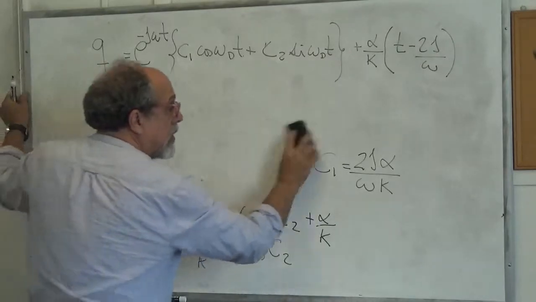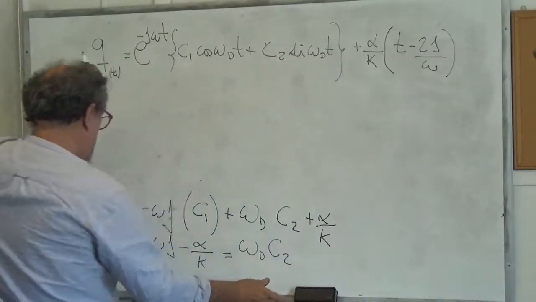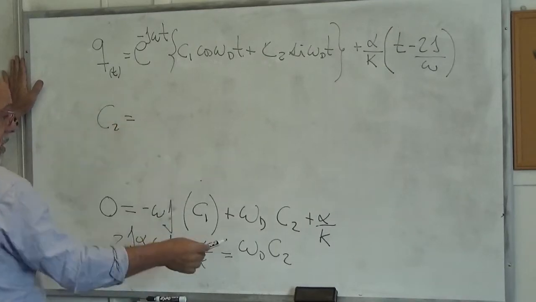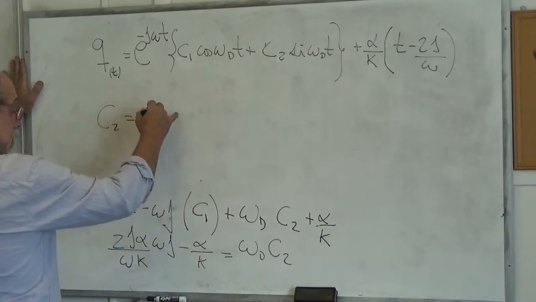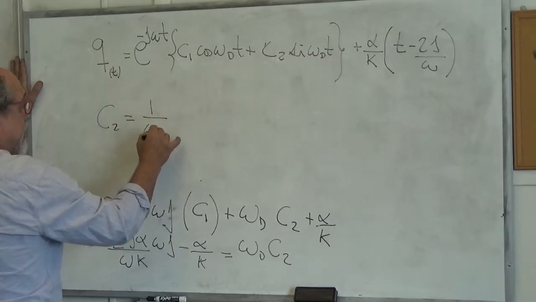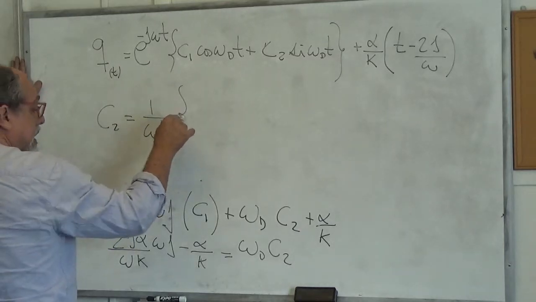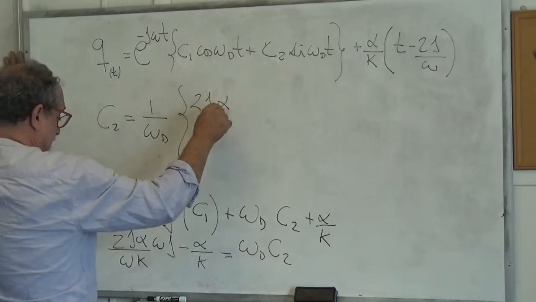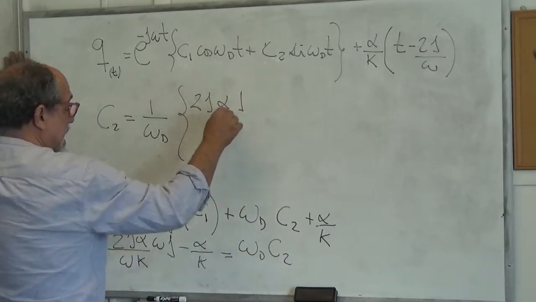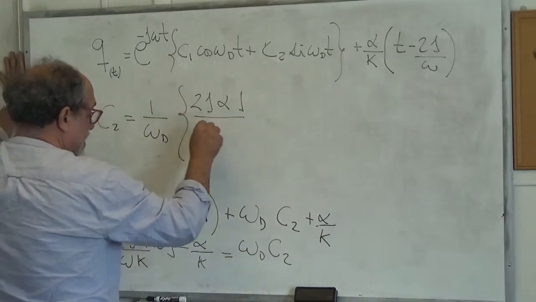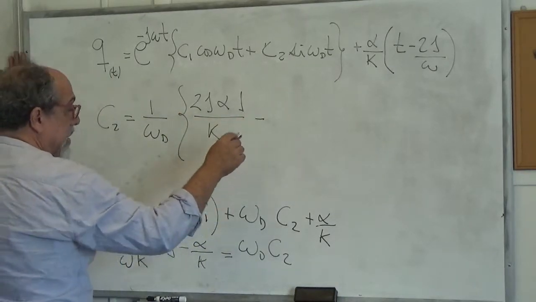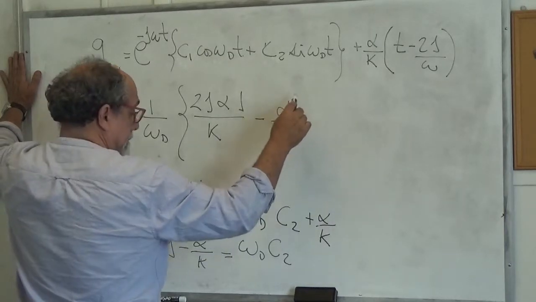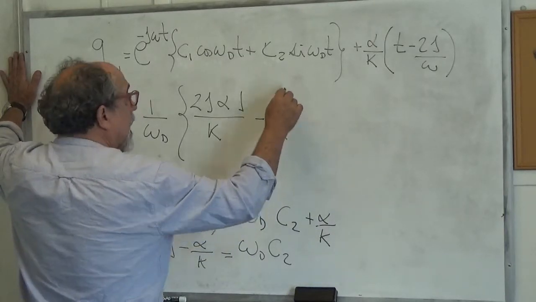I got C1 already in there. And so from here we would have C2 equals 1 over omega damped. I'm not going to try to simplify it right now because it doesn't matter. 2 fraction of critical damping alpha psi, this omega cancels with that one, divided by k, minus alpha over k, and that's it, right?